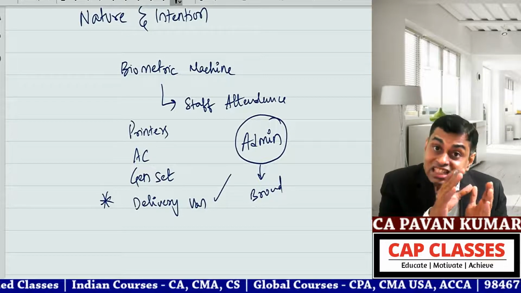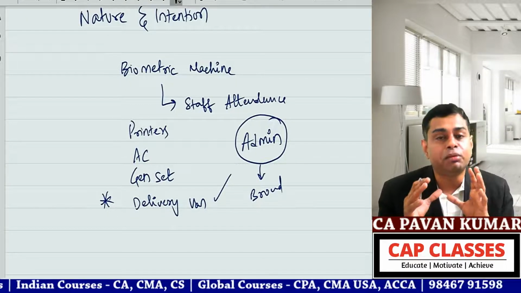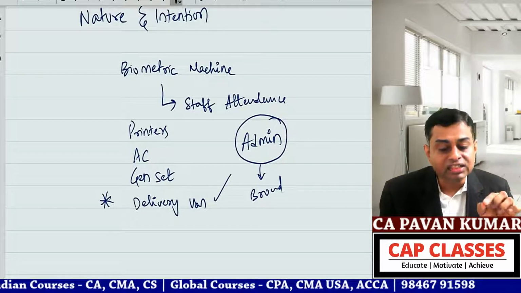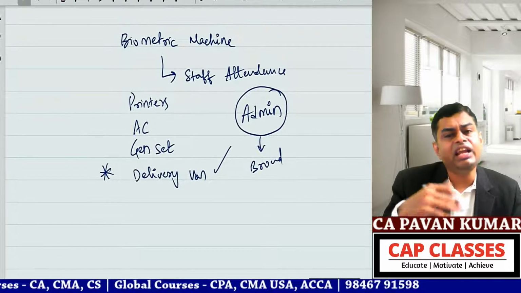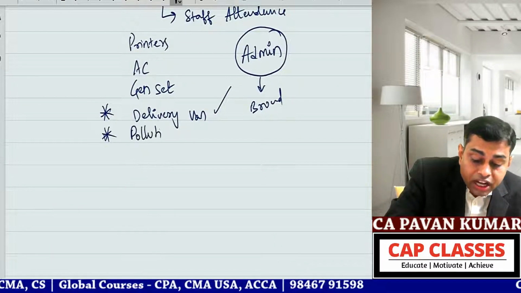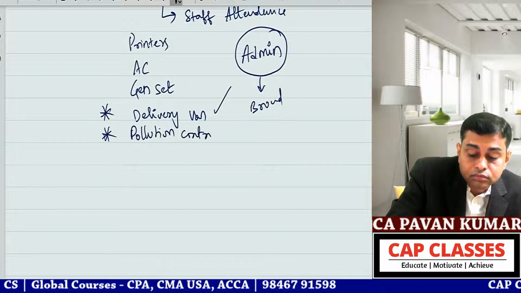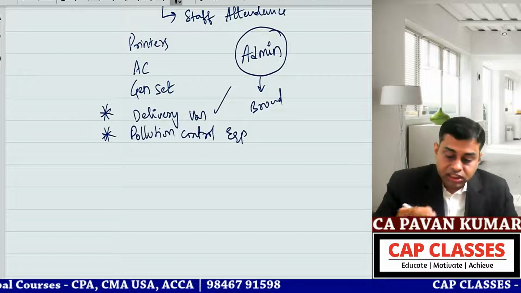Beta, that is costing. Don't get confused between that terminology and this terminology. Here in accounting standard, the word administrative purpose is used in a very broad sense, which covers delivery vans, pollution control equipment, etc. So this is the definition.